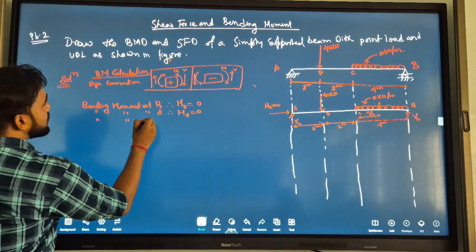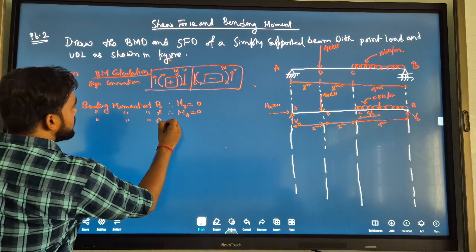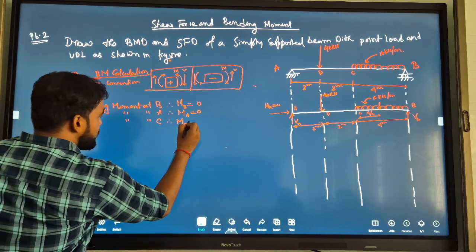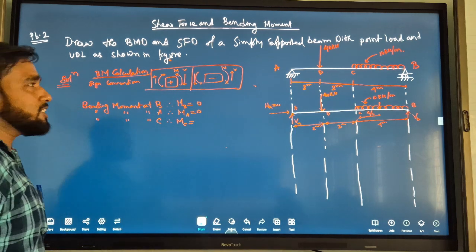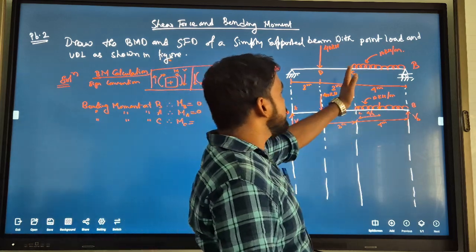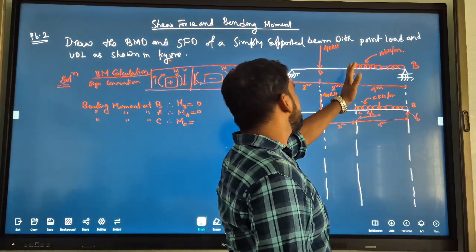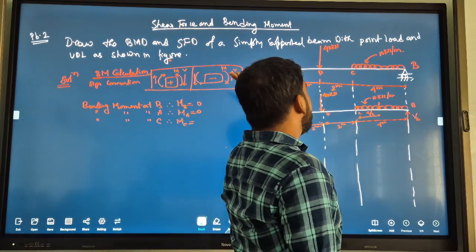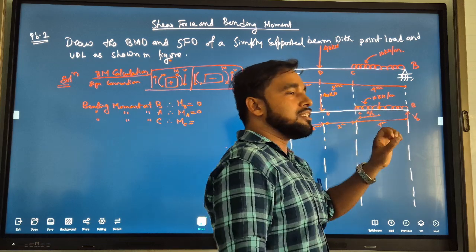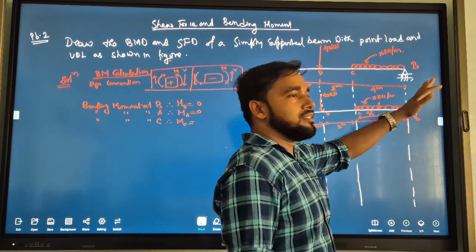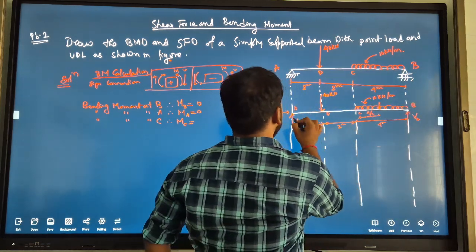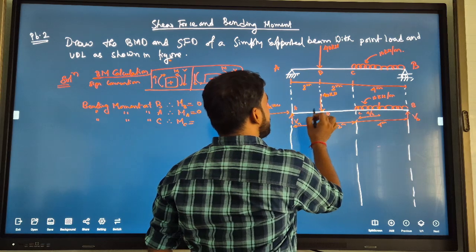Bending moment at C is your MC. For this, what you have to do? You have to stand at C and look towards either A or B. I will suggest look towards B, because there are two forces, 1, 2.